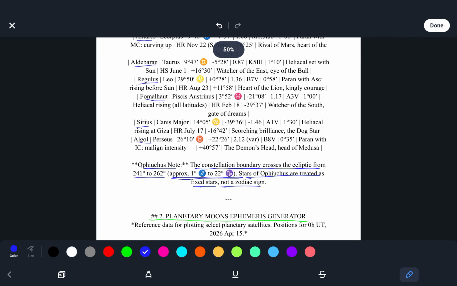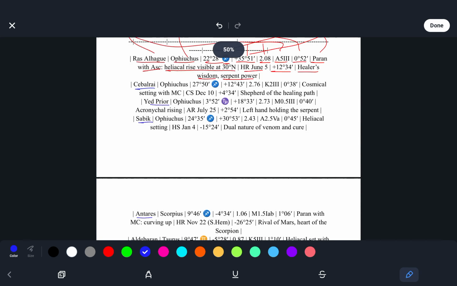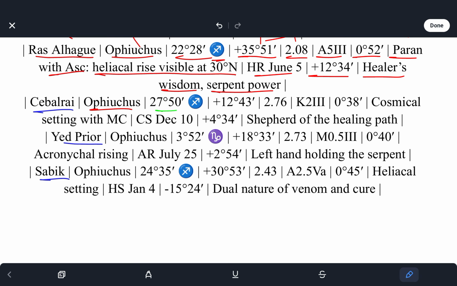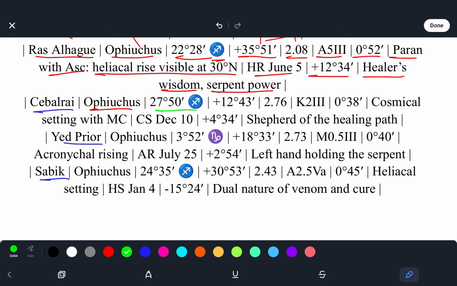Okay. So I will just go over the basics of these stars, though, to help you understand. So Rasalhague, also known as Ophiuchus, is known to be correlated with Sagittarius. And it's shepherd of the healing path, cosmical setting with the midheaven. So these are just the main things we should know about these stars.